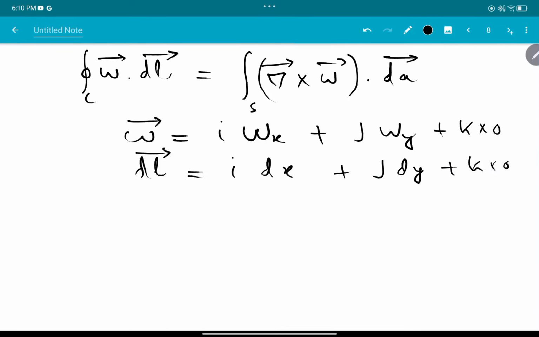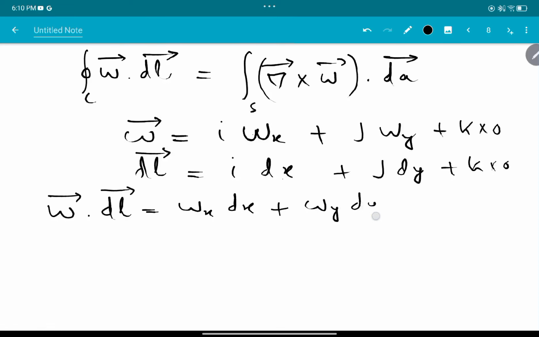Now take the dot product of them, W dot dl, that will be Wx dx. In a dot product you multiply only the same terms, not the cross terms. And this will be Wy dy. Okay, now this is the dot product.